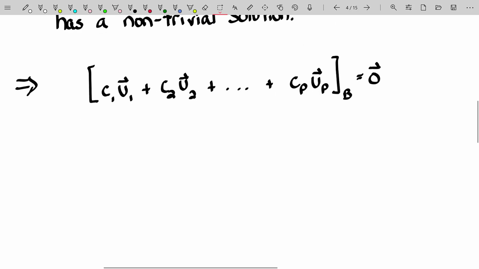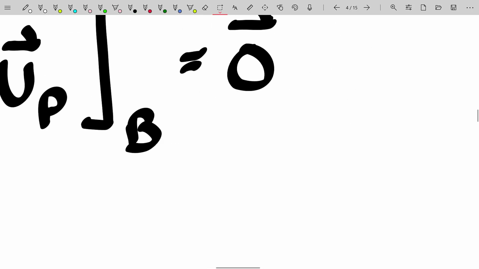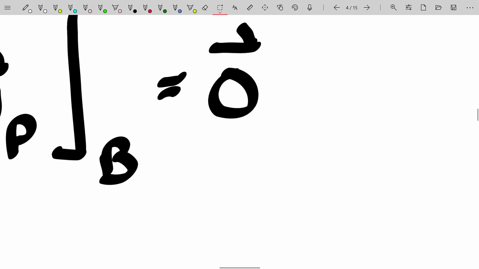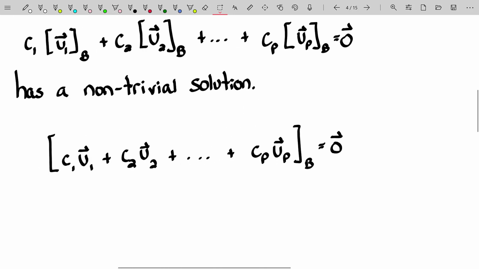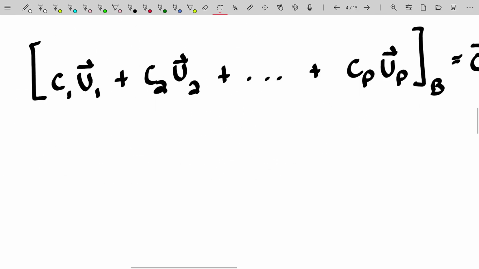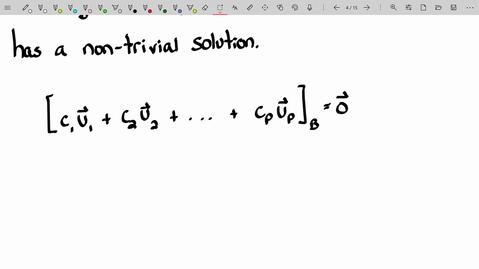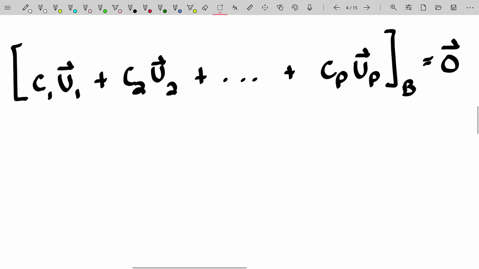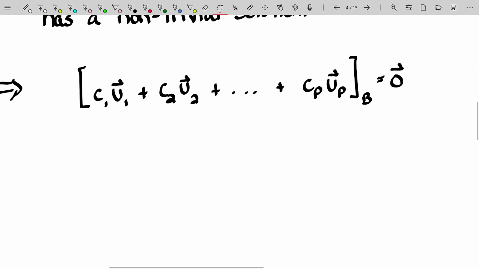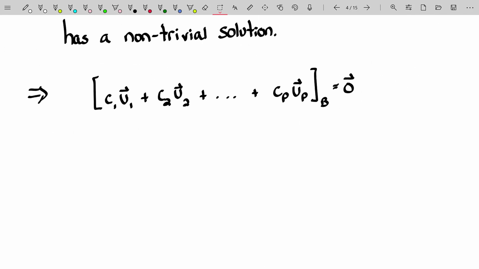Now at this point, it's very important to realize that this zero vector right here is actually, because it's equal to the B coordinate vector of this sum, it is identically equal to the weights needed in the linear combination of the basis vectors to get that interior argument. That's the whole definition of a B coordinate vector.